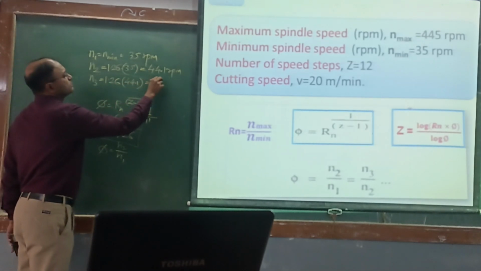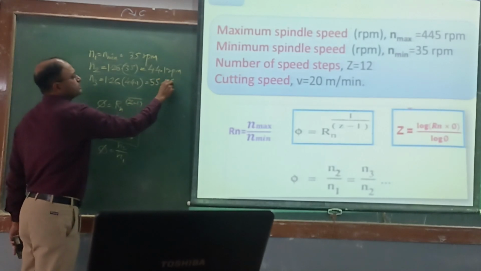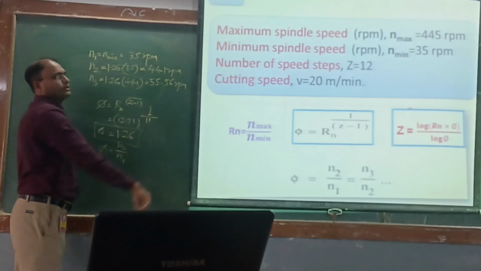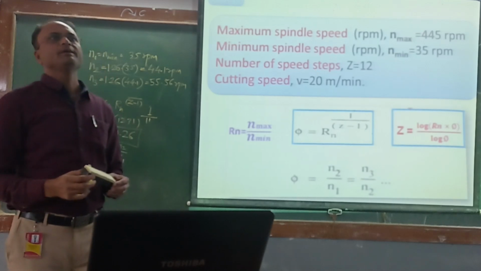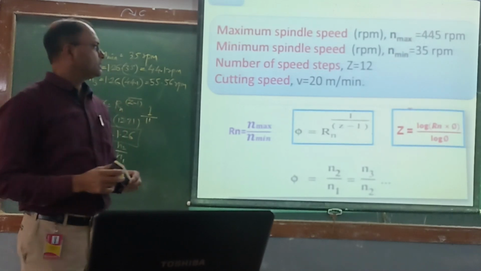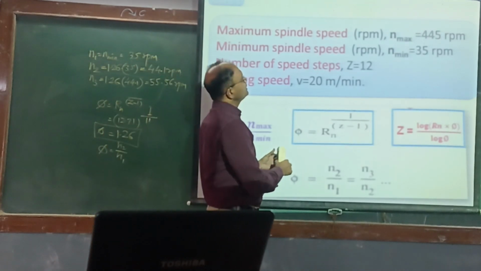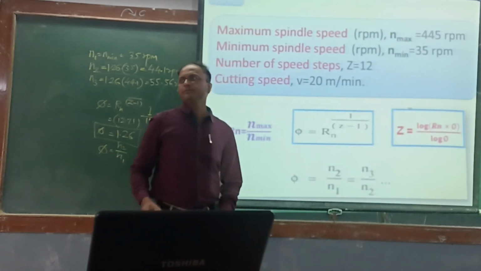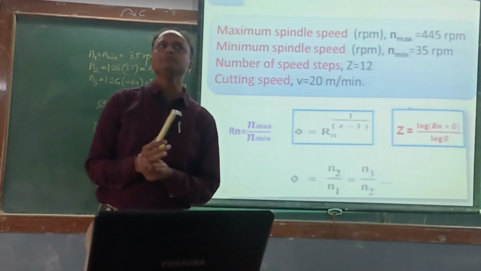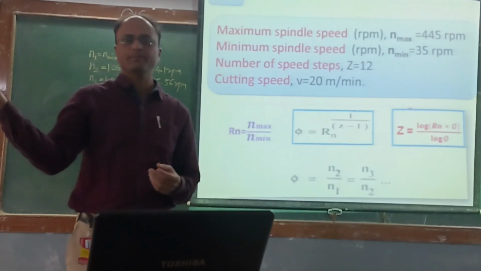Like this, we have to go on calculating all the speeds. You will find that the final speed will be very close to 445. It will be 444 point something.